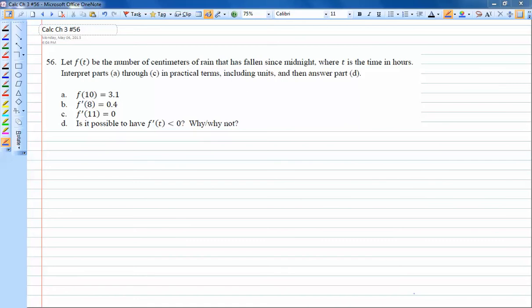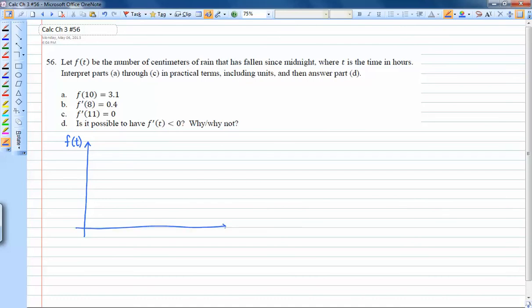So I think maybe a good way to start this problem is to actually think of a plausible sort of graph for f. So let's try sketching one here. F of t versus time.